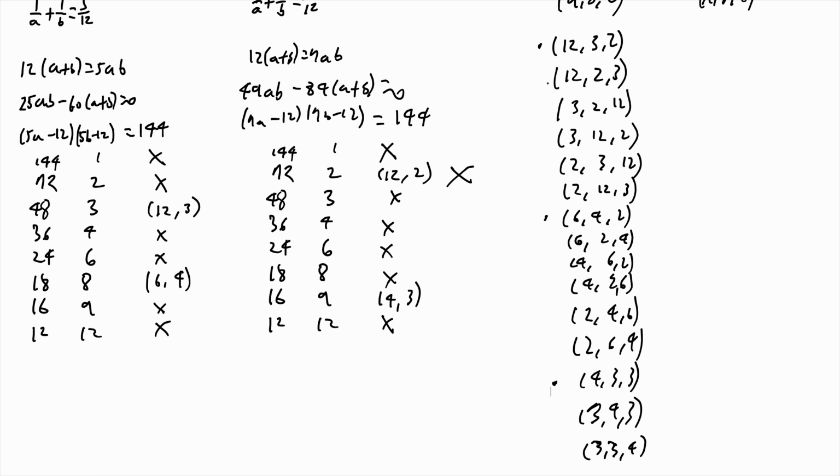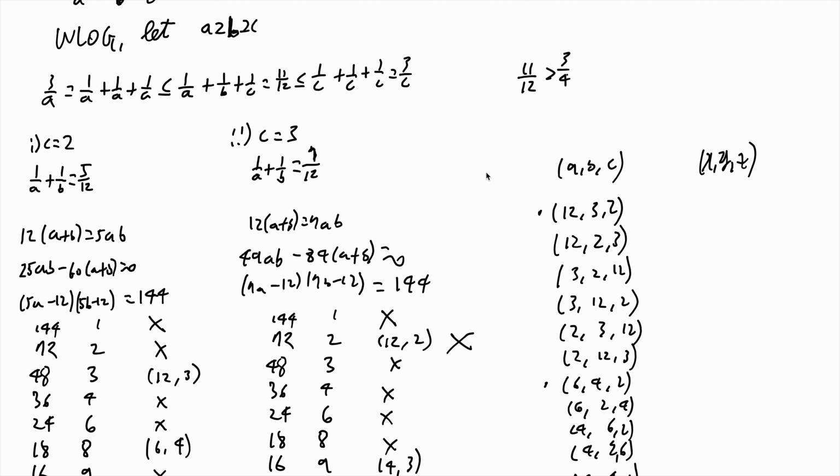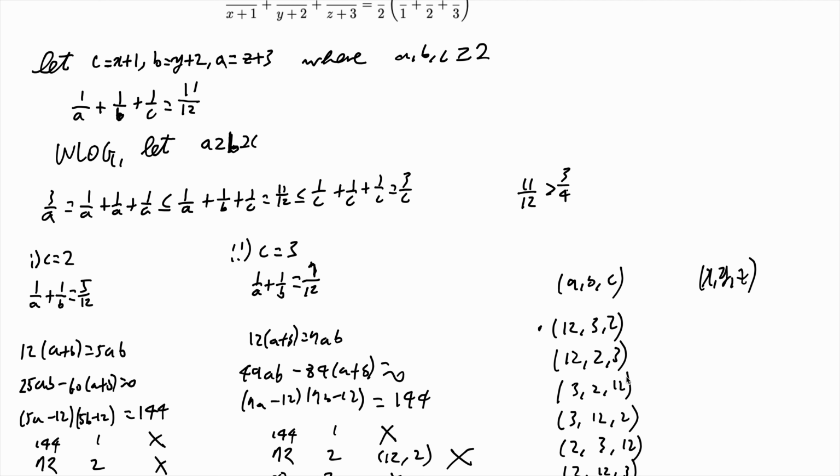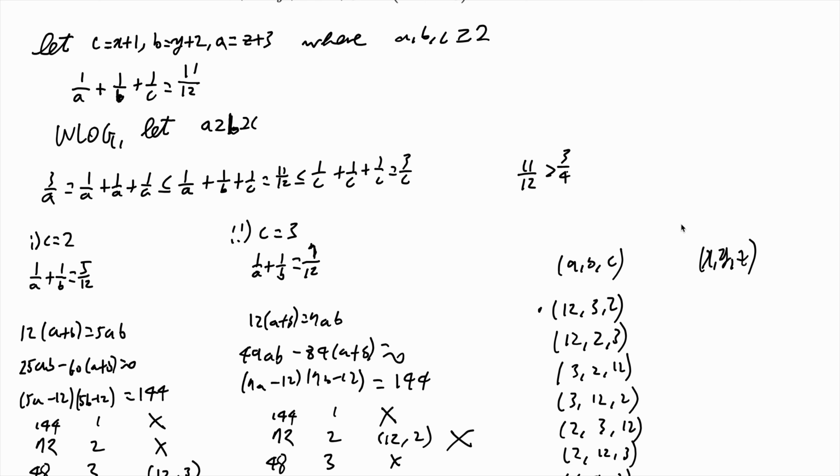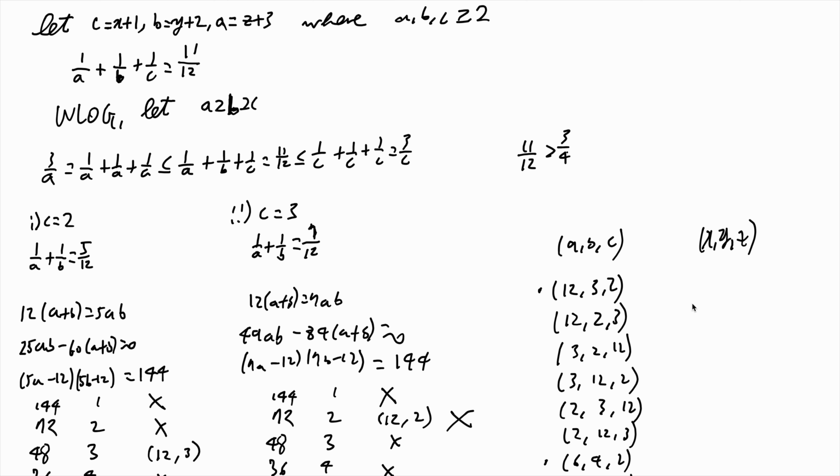The one that I highlighted is the actual a comma b comma c, but I'm writing this so that we can rearrange and get different triples of x comma y comma z. So for this one we have 9 comma... no, let's just keep it original.